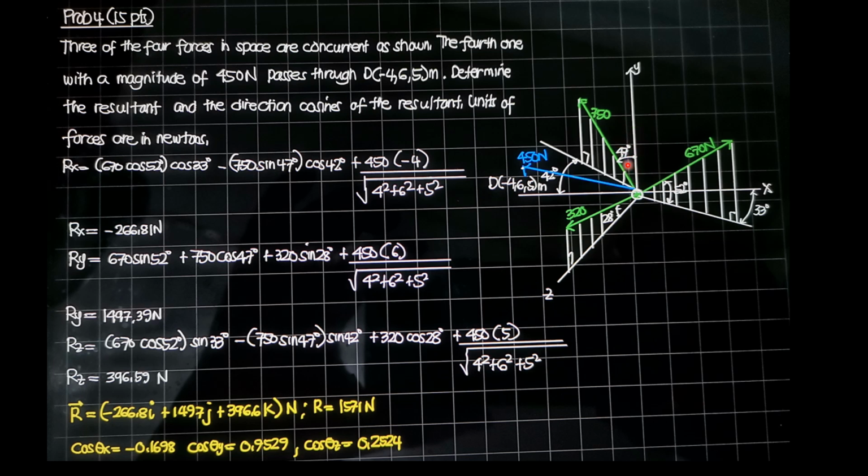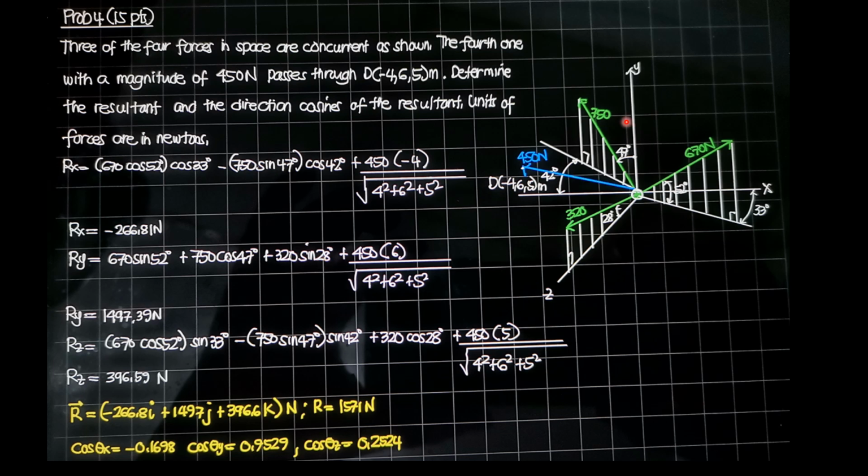So it is positive 750 cosine of 47. Then this 320 here is also positive. Its y component is from this right triangle, opposite to 28. So it is 320 hypotenuse sine of 28.